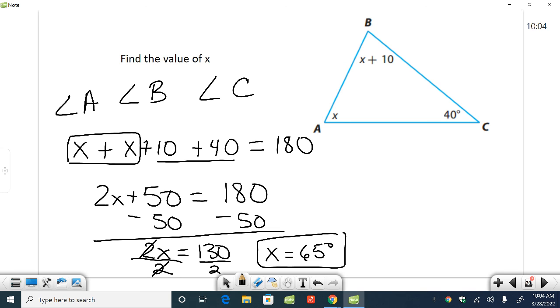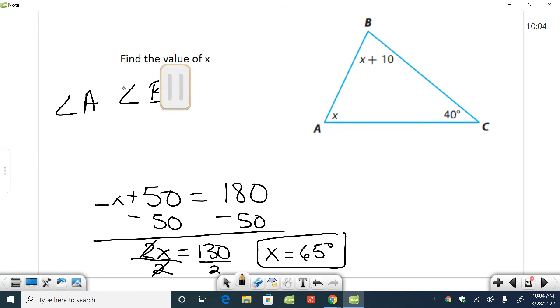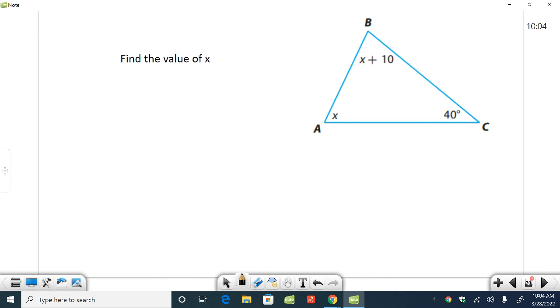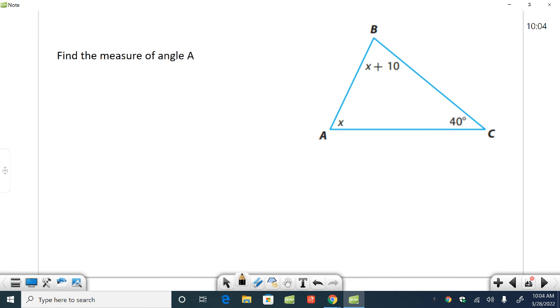It's a lot of work, but all of that stuff inside, you know how to combine like terms, you know how to make it equal to 180. Okay, the last two quick things. It says find the measure of angle A. Well, in that question before, what did we get for x? We got 65 degrees.